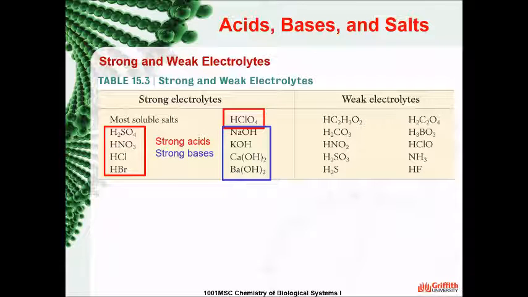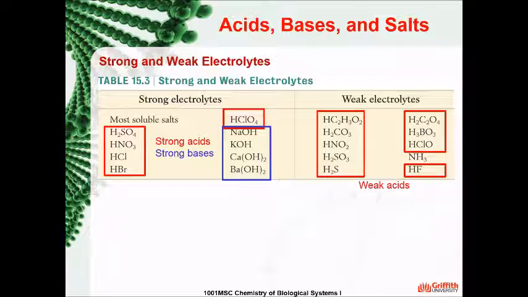Strong bases include NaOH, KOH, Ca(OH)2, and Ba(OH)2. Some of the weaker acids include H2CO3 and H3PO4, and the only weak base that you need to learn is NH3.